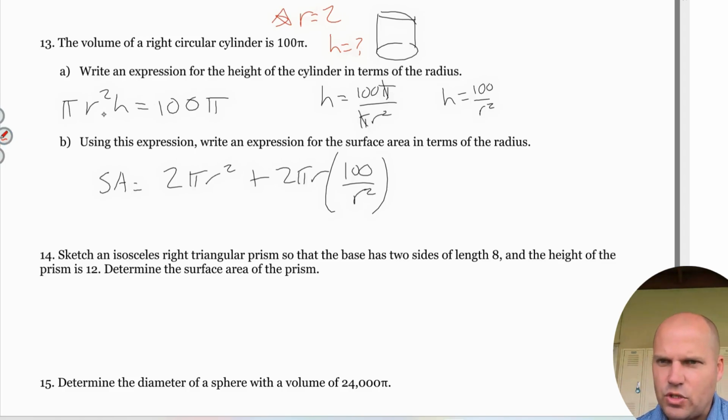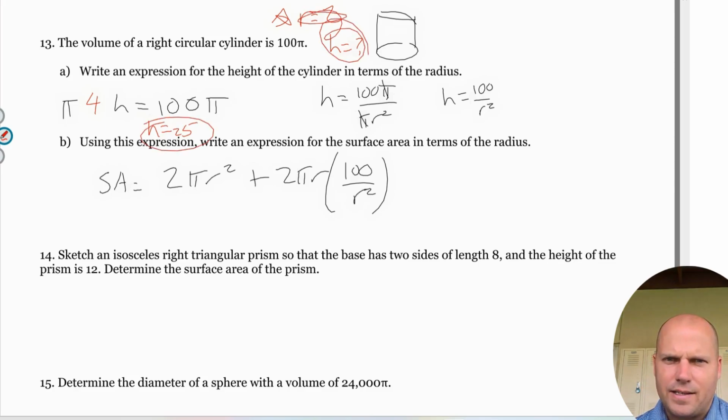So if the radius was 2, I would turn this into 4. I would divide by 4 pi, and I'd get that the height was 25. And that would allow me to find the surface area based on that.